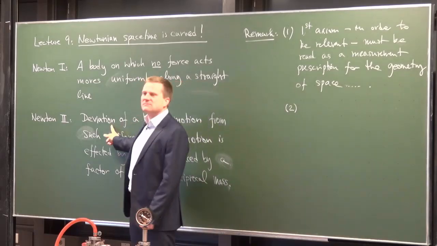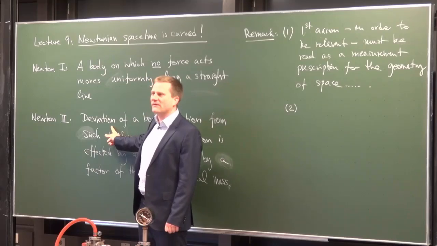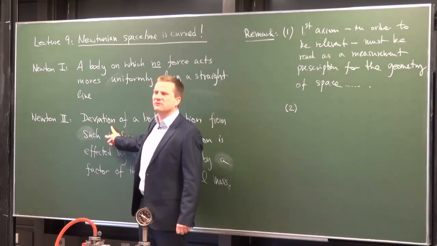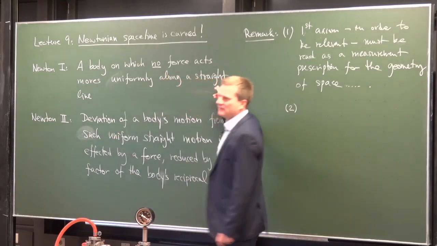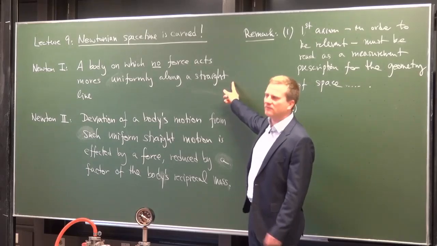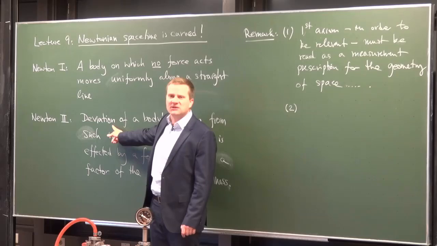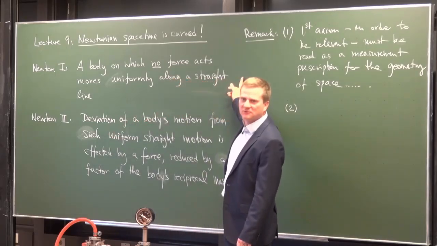Deviation, that must be the covariant derivative of a curve. Maybe the covariant derivative of the tangent vector to the curve in the direction of the tangent vector to the curve. You remember a straight line was nabla_V V = 0. Well, acceleration, deviation from that, is nabla_V V not equal to 0.